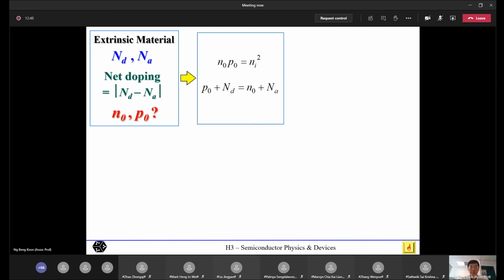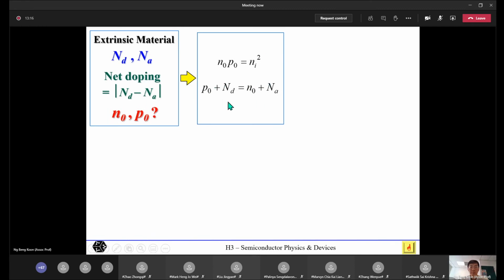We mentioned that there are two sets of equations that you can use to relate N0 and P0, and this allows us to solve the equations simultaneously so that we can work out the N0 and P0 values. The first equation, of course, is your mass action law, where the product of N0 and P0 is always equal to Ni squared.